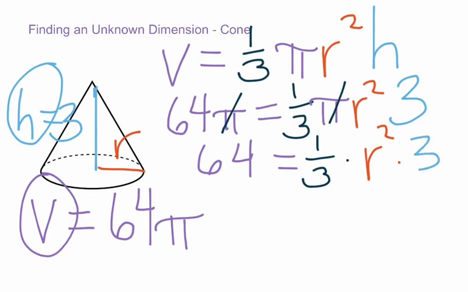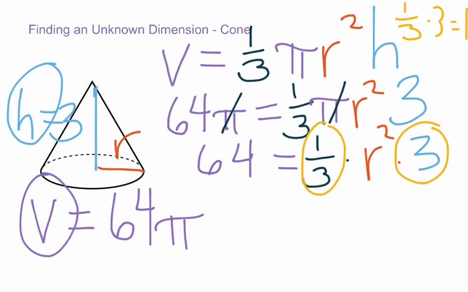Well, the right side I can actually simplify, because I have this 1/3 and I have this 3, and I can just multiply those together. 1/3 of 3 is just a 1. So 1/3 times 3 is equal to 1.